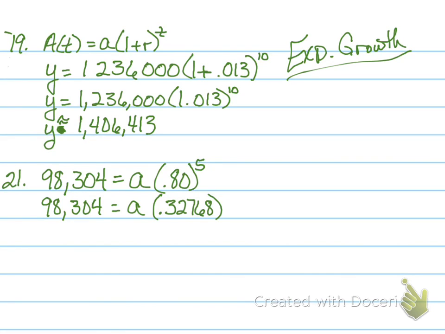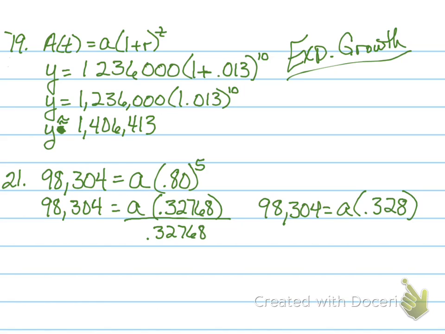I'm going to go ahead and leave it right here. Well, I'm going to do one over here too. 98,304 is A times 0.328, rounded to 3 digits. We'll see what the difference between the two is. Okay, to solve for A, I'm going to divide by what's in my parentheses. So 0.32768 or 0.328.